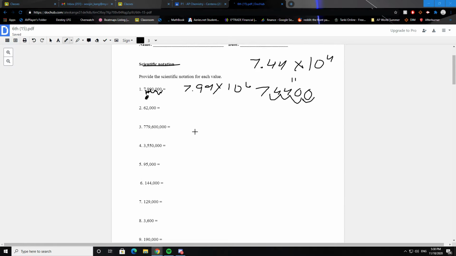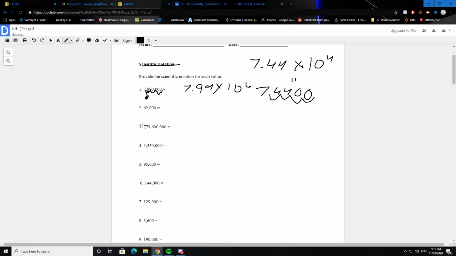So let's just do one more real quick. 779,600,000. Again, you want to put the dot between the first and second number.